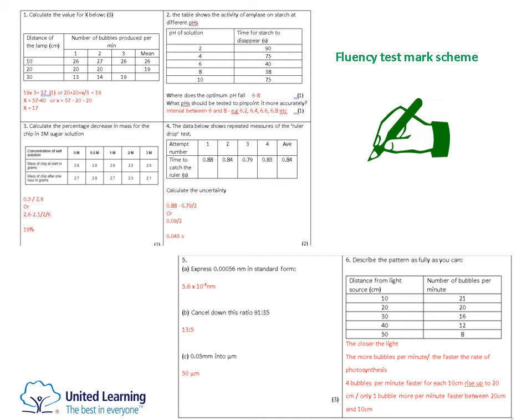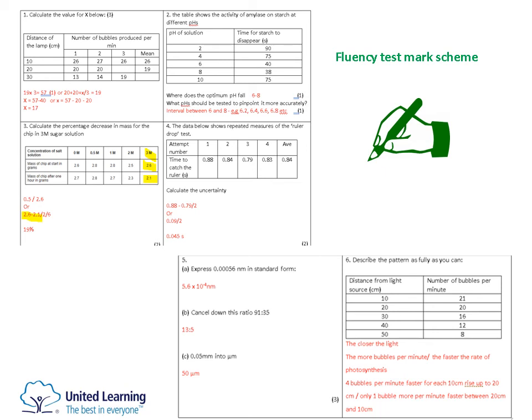When you're looking at percentage decrease, we're only looking at the 3 molar, which is here. We only need these values, we don't need any of the other ones. You need to find the change. What is the change? I do 2.6 take away 2.1, and that gives me 0.5.